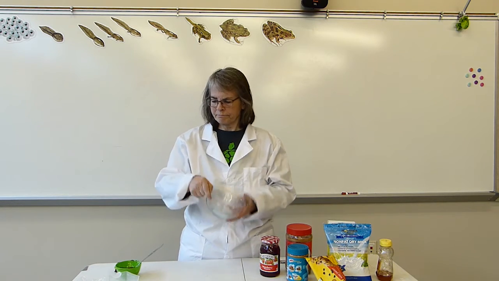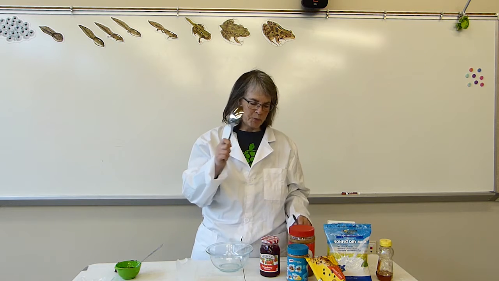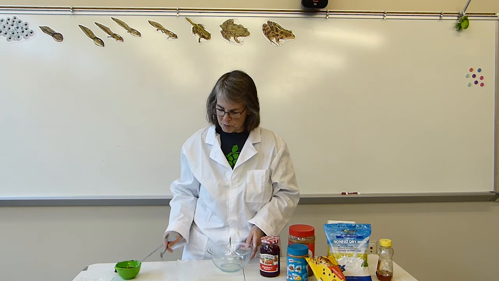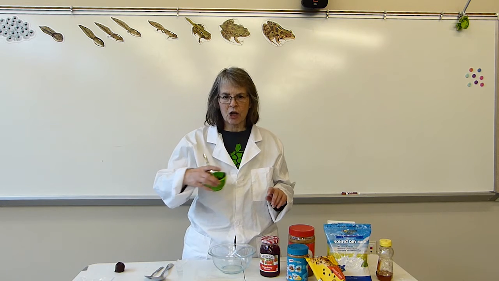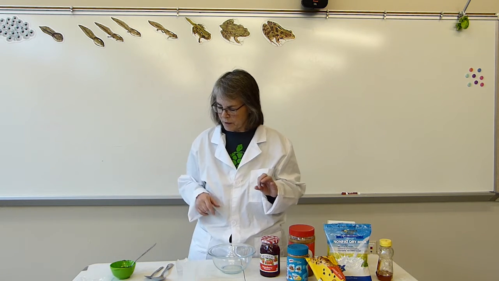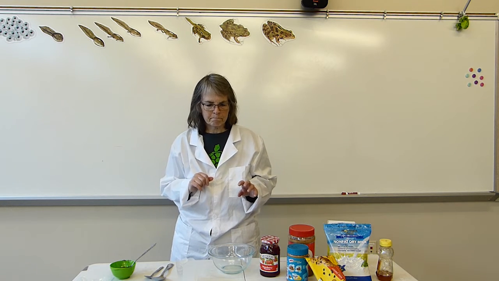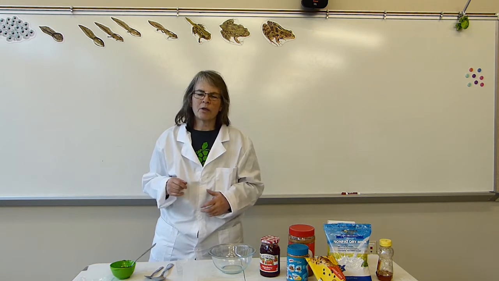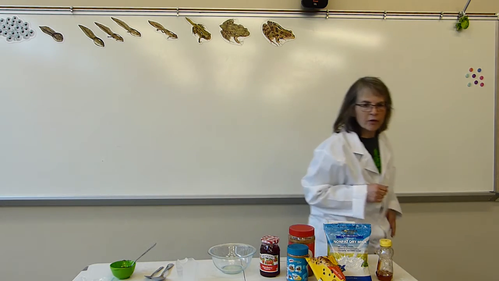A bowl, measuring cup. Of course we need a mixing spoon and some other spoons and stuff for later on. So this is my melted chocolate that we're going to dip the little globes into when we're done. So I'm going to start mixing these together and then we'll see how this all comes together.